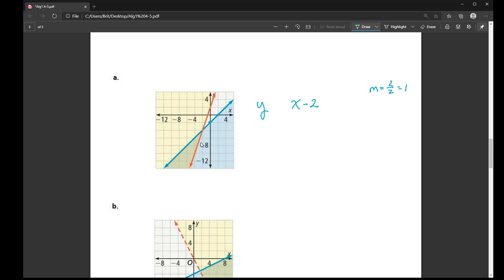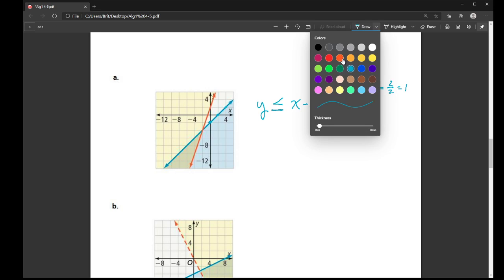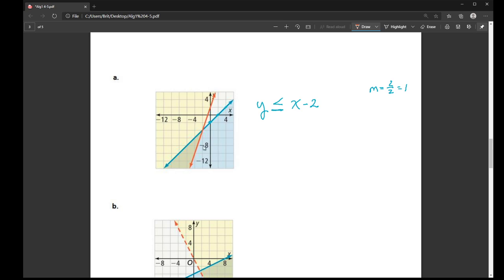Now the shading on the blue is going underneath the line, so that means that y is less than all of this stuff. And then my line is solid, so I need to put the equal to bar here. Now checking out this next one. My y-intercept is up here, which looks like it's at 2, so I'm going to put a +2. And then I'm looking for my crosshairs for my slope.